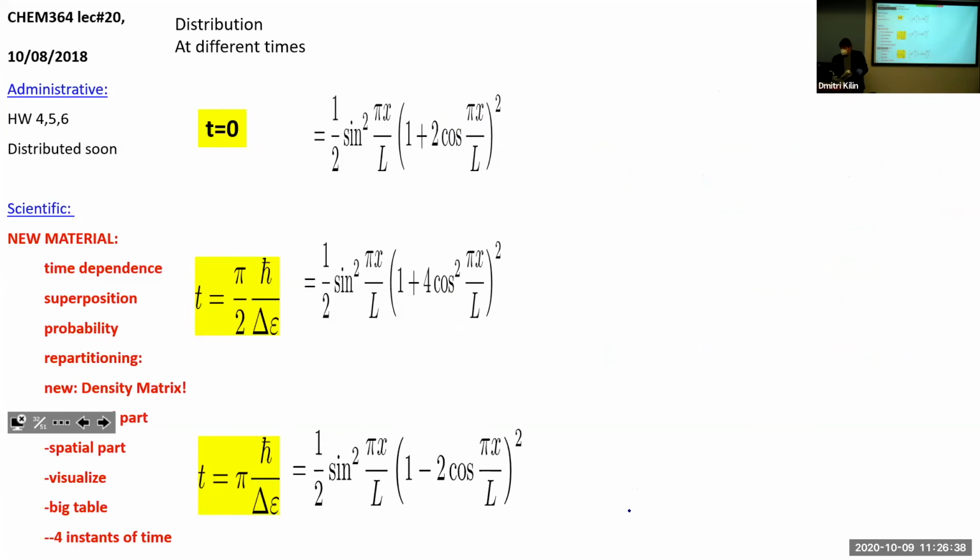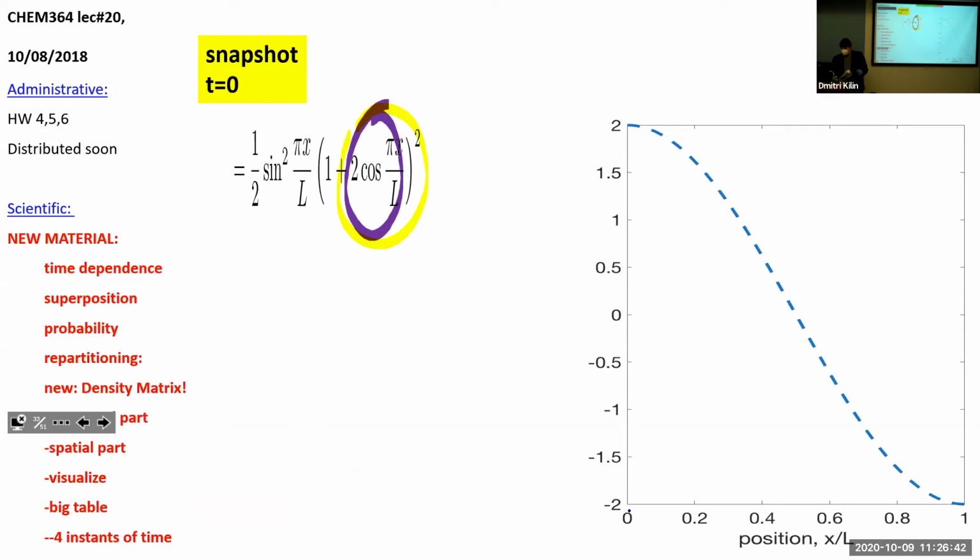So, 3 functions. First one, a snapshot at time 0. So cosine over the half period, because x goes from 0 to L, and when x equals L, the argument of cosine equals pi.